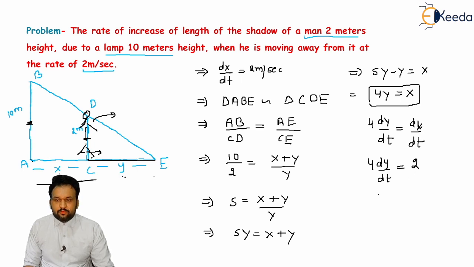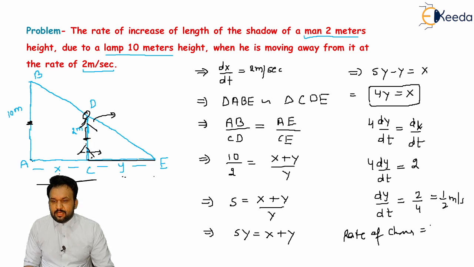So I'm going to write 2. That means dy by dt becomes 2 by 4, which is 1 by 2 meter per second. So the rate of change in the shadow is half a meter per second. That is your required answer.